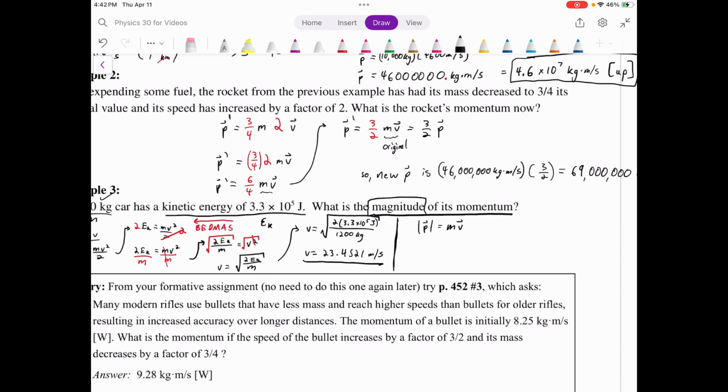And we know that momentum is mass times velocity, okay?